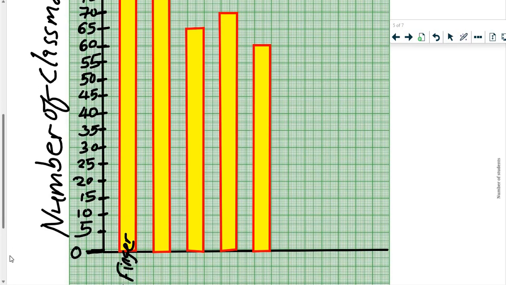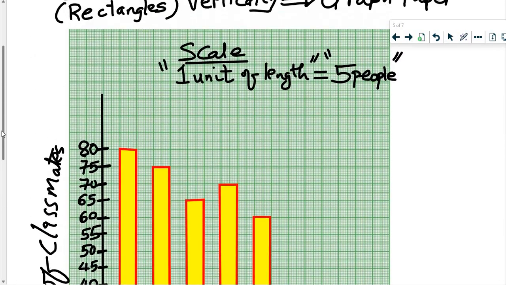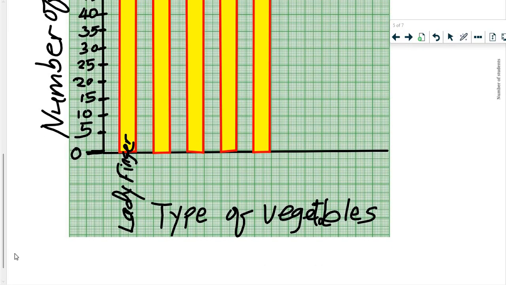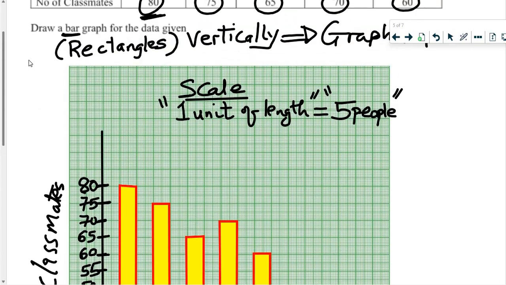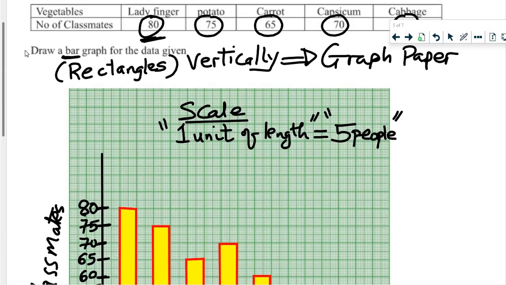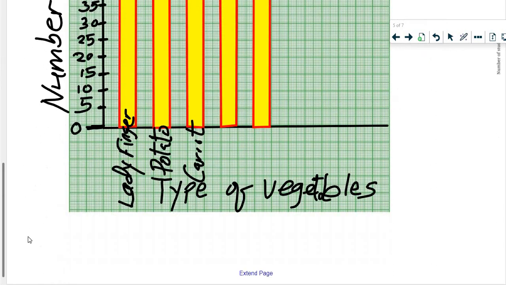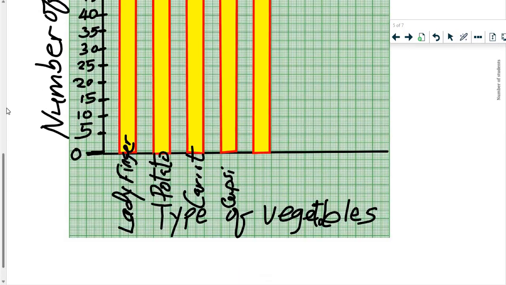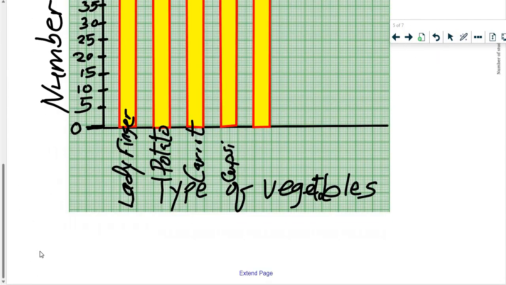So now let us do labeling. We already labeled ladyfinger, then what is next? Potato. So you write here, potato, and then next, after potato, carrot, after carrot was capsicum, let me see the spelling, capsicum, okay.